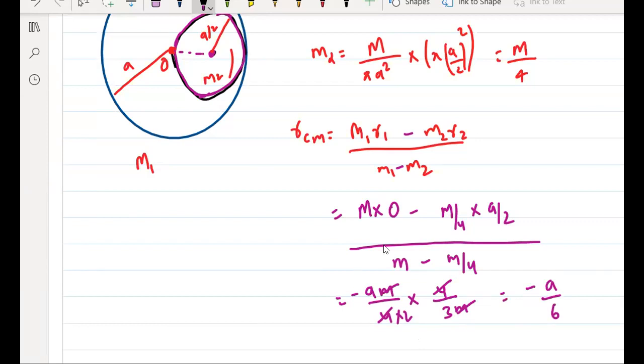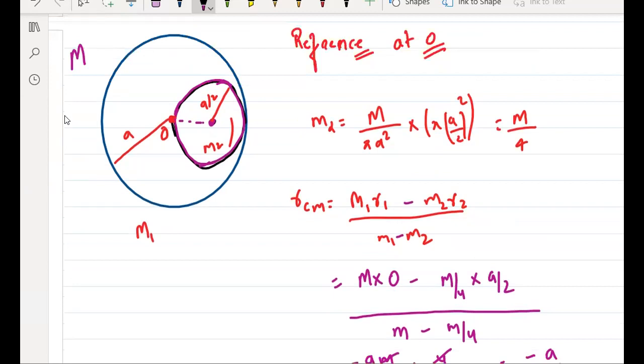Now, when you talk about R, this is only the x-axis. Will there be any change in the y-axis here? No, right?